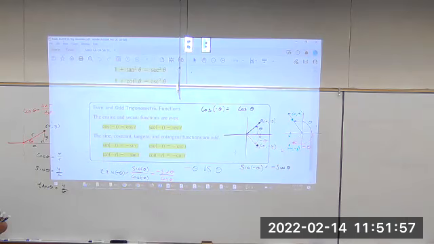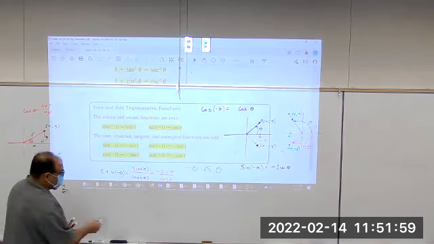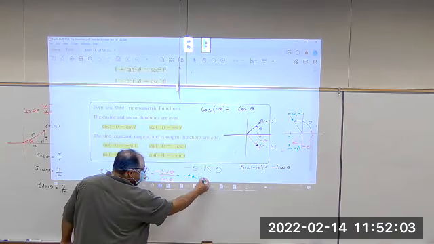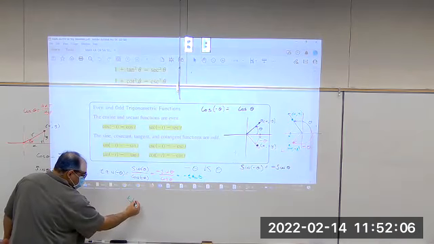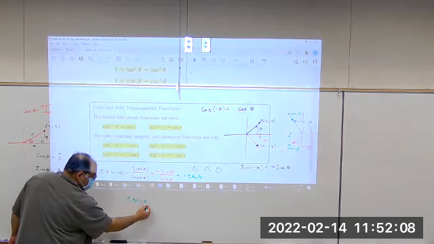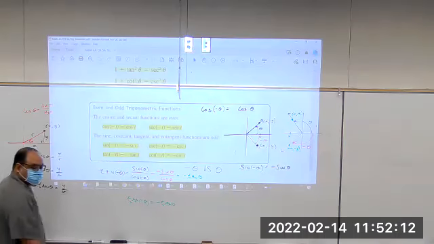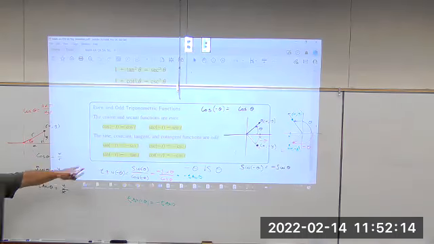So now you have a negative over a positive, and that's how we get negative tangent theta. The tangent of negative theta is the opposite of tangent theta, which is that identity.